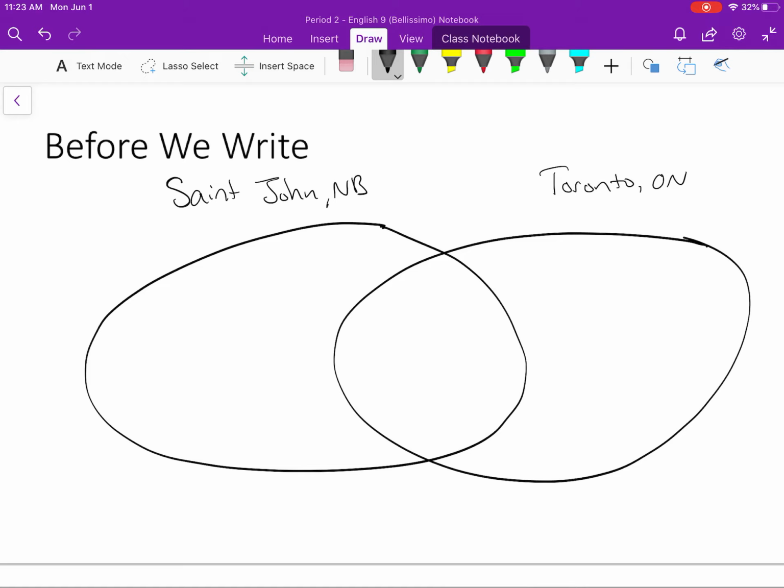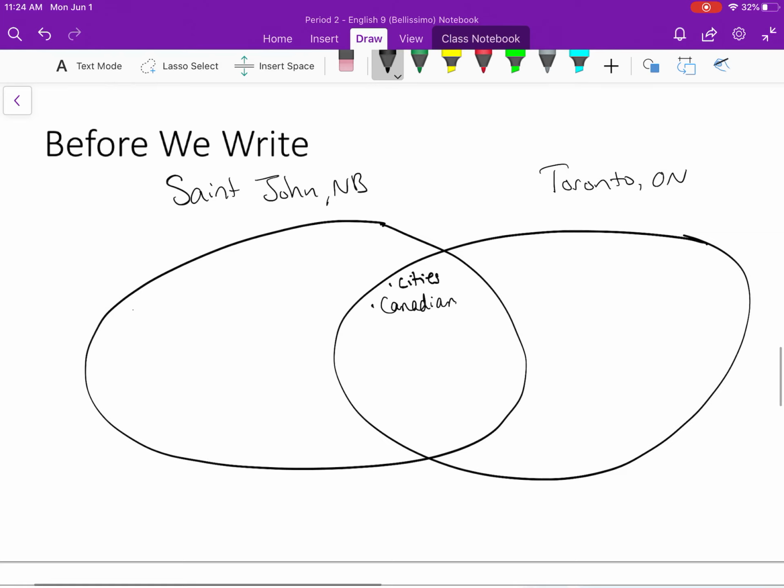So things that are similarities between these two. They're both cities, right? We're not dealing with towns or hamlets or anything smaller. So they're both cities. They're both Canadian. I'm not comparing an American city to a Canadian city or a Belgian city to a French city. They're both Canadian cities. What else can we say about these two cities?